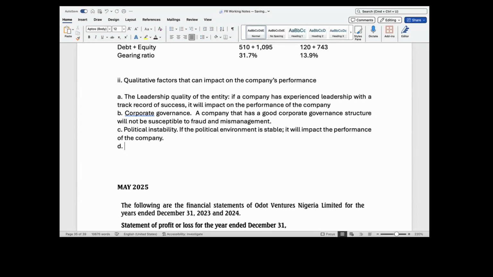Number three is the macroeconomic environment.